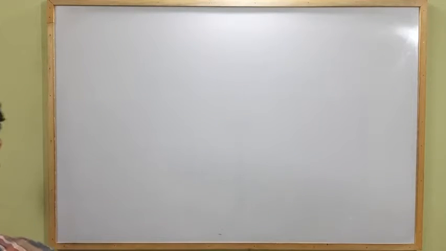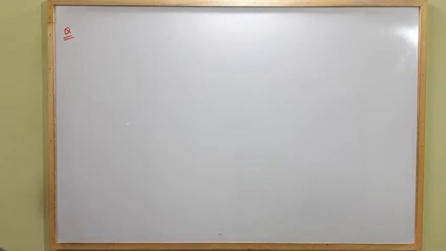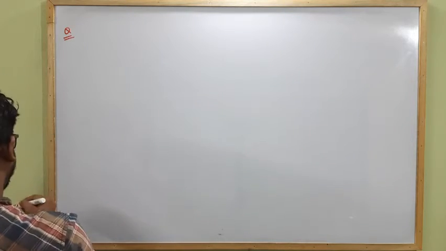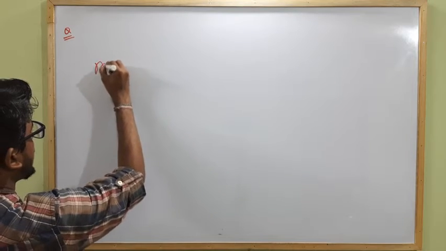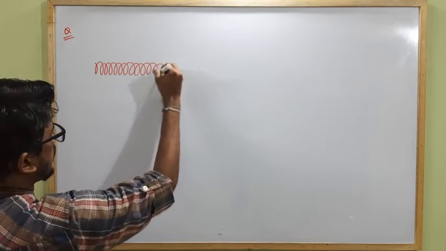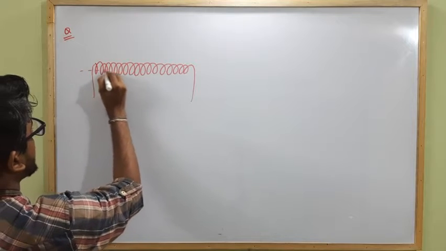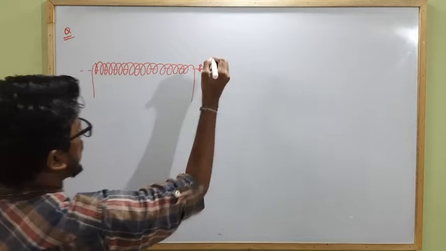So next question, there is an ideal solenoid placed like this, and the radius of this solenoid is small r.